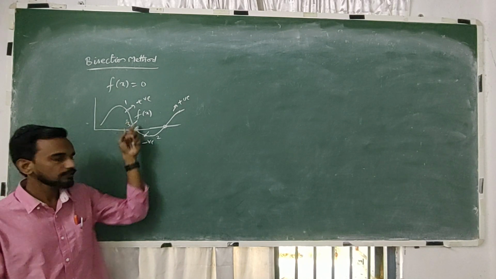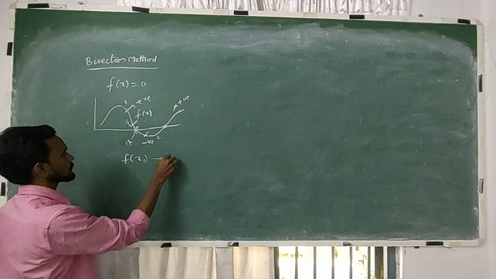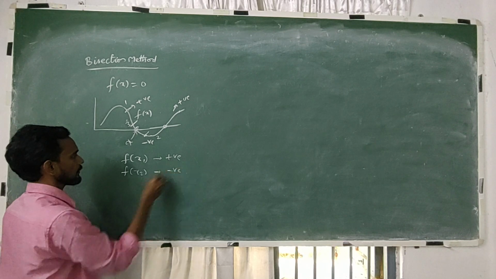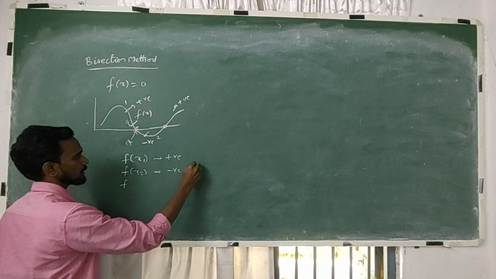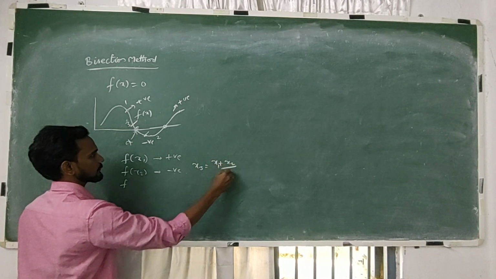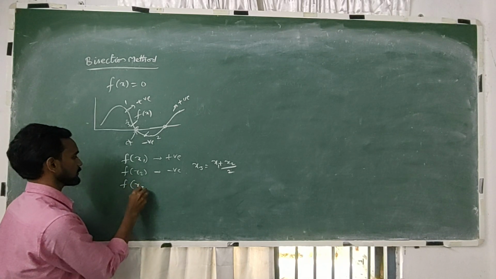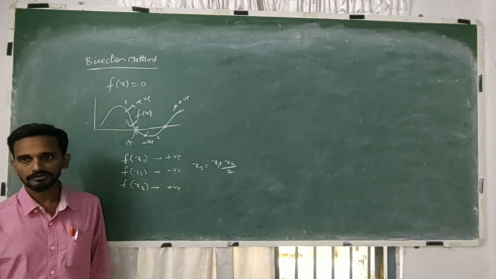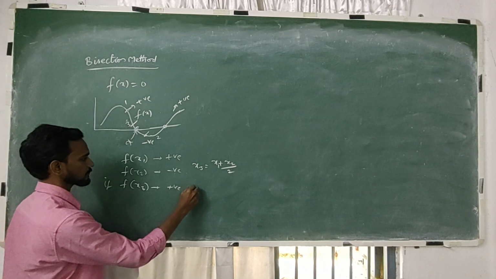Let's say the sign of f of x1 is positive, f of x2 is negative, and x3 is equal to x1 plus x2 by 2, the midpoint of those two. If f of x3 is positive, exclude x1, replace x1.